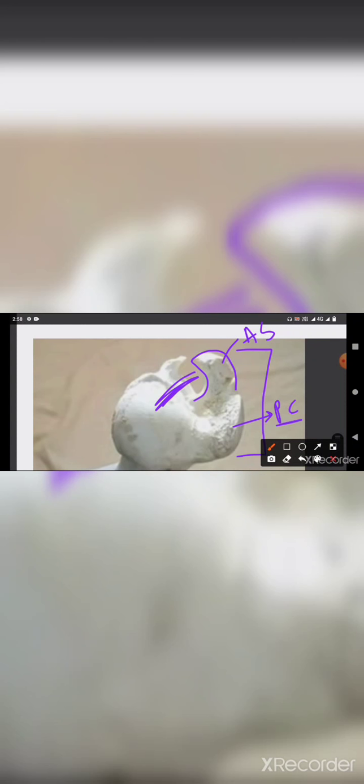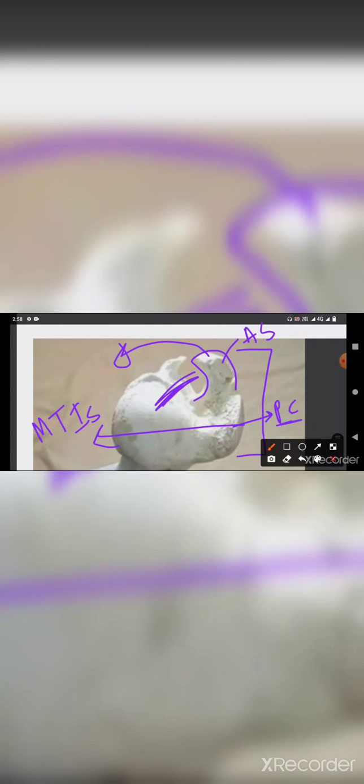Posterior convexity helps in the attachment of the medial tendon of infraspinatus muscle, while anterior summit helps in the attachment of the lateral tendon of infraspinatus muscle. I hope things are clear.